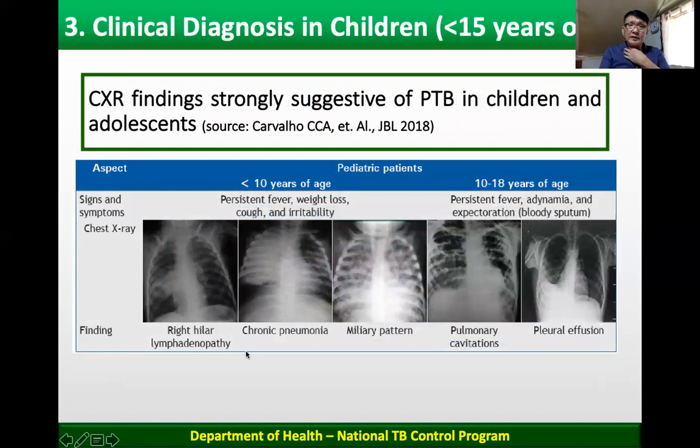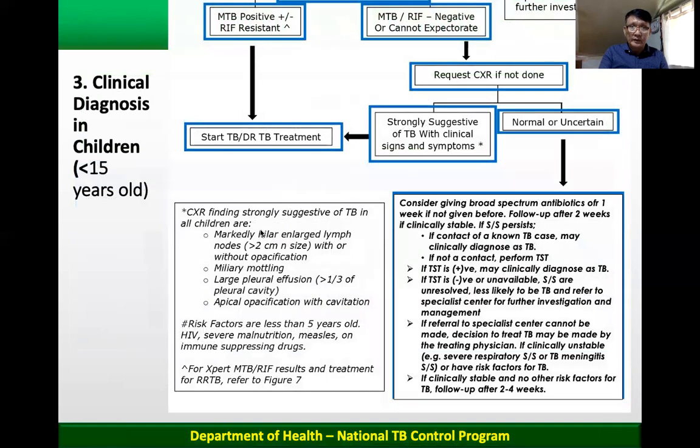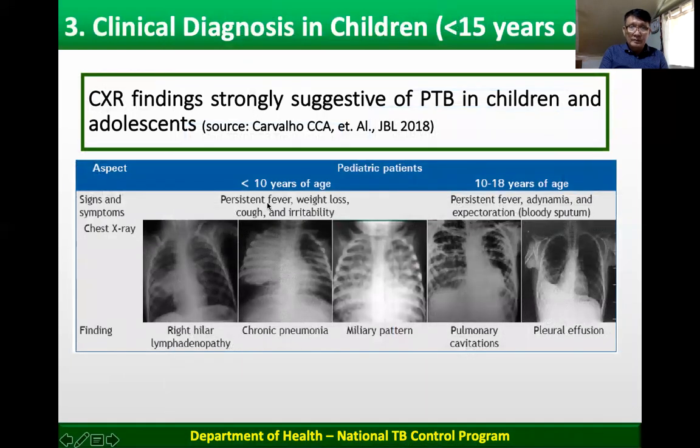So these are the chest X-ray findings strongly suggestive of PTB in children and adolescents. We have the source here. For our pediatric patients less than 10 years old, the symptoms are persistent fever, weight loss, cough, and irritability.